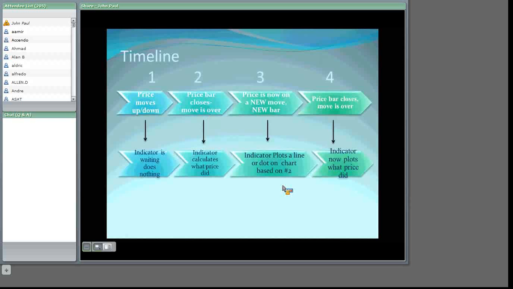The indicator plots a line or a dot based on number two. It's not doing anything while price is moving in a new direction. And then we go to number four. Again, the price bar, or candle for that matter, closes, the move is over, and the indicator now is plotting what the move that is over has already done.